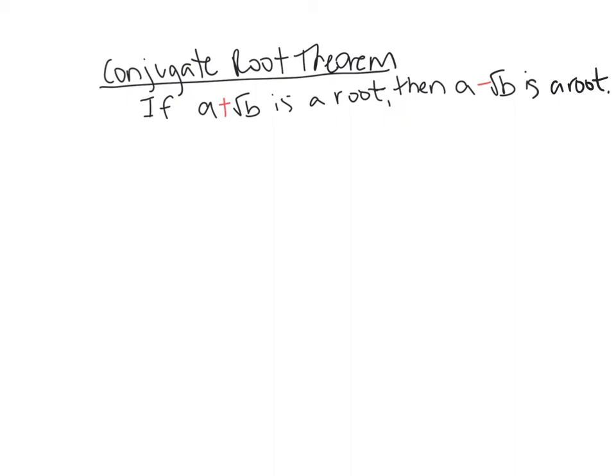And it goes vice versa. If a minus square root of b is a root, then automatically I have to have the plus, because when I take a square root, I need positive and negative.